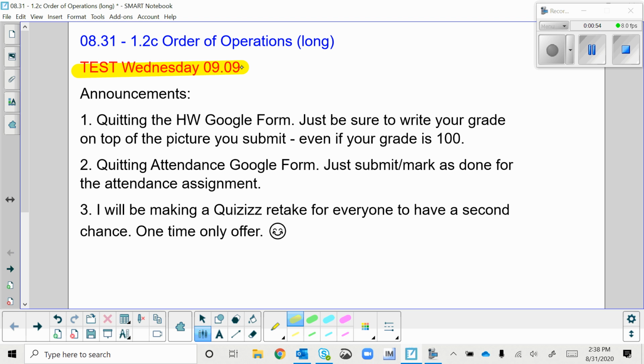My other announcements, the first 2 are basically about how I'm going to stop doing the Google Forms for the attendance and the homework grades. The reason is because it was causing some confusion. Students would do the Google form, but forget to do things in the Google Classroom. And it just occurred to me that if I'm having to go reference and dig for things back and forth between the two, there's no point to that.